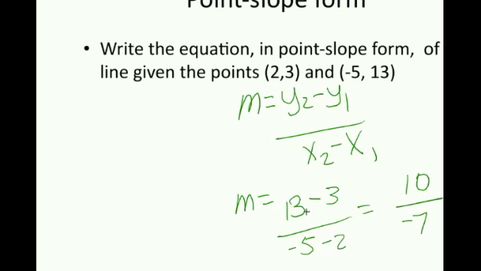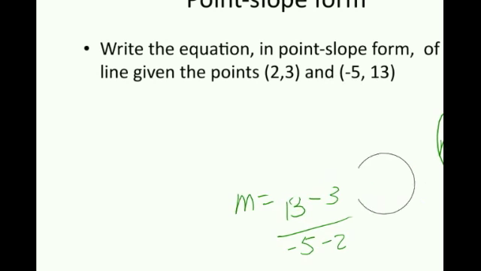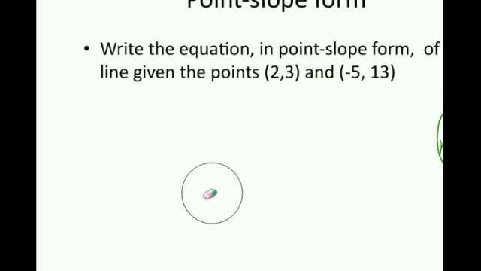My m in this case is 10 over negative 7, or m is equal to a rise or a fall of 10 and a run of 7. I'm going to use that value then to figure out the next part of it. Once I've found slope, I can pick any of these 2 points.